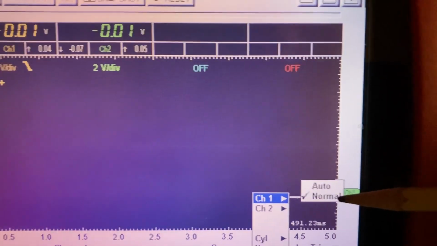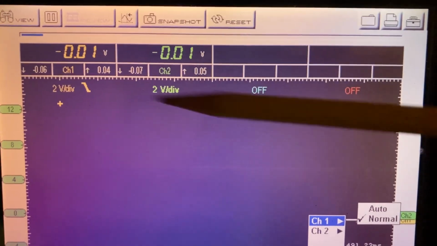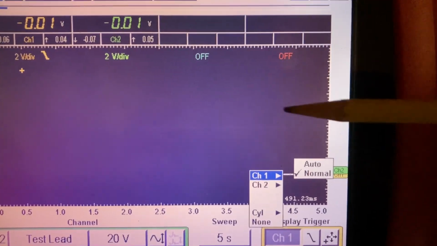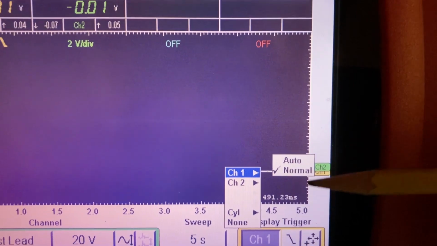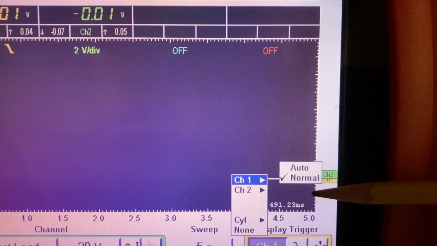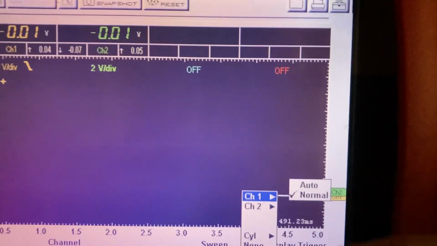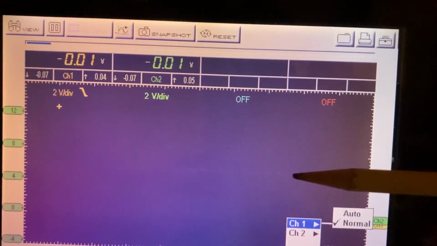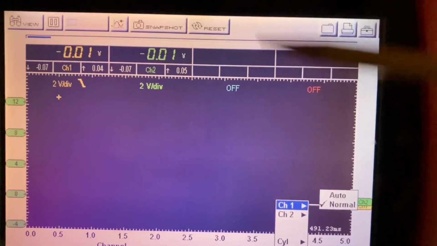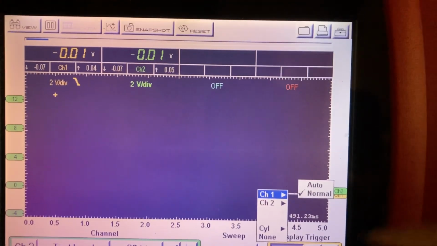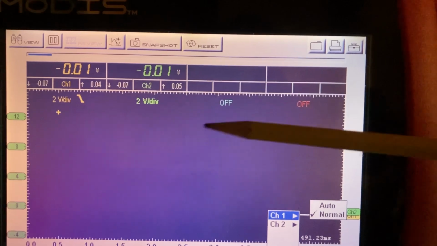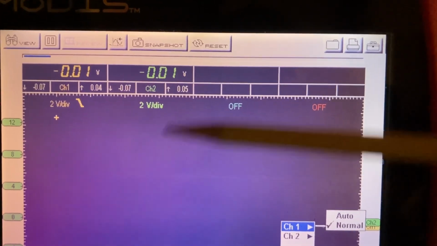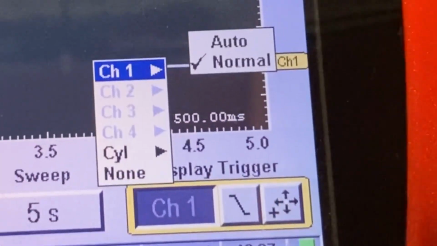However, in normal, if there's another occurrence where it happens again, the scope will trigger again and capture that image. The distinction between normal and single or one-shot operation is right in the brochure, guys. One shot or single means you'll only get the one occurrence crossing the threshold or the trigger, and it will capture that and will not change again. Unlike the normal, it will continue to update so long as there is a crossing of the trigger in the slope dictated in your selection.